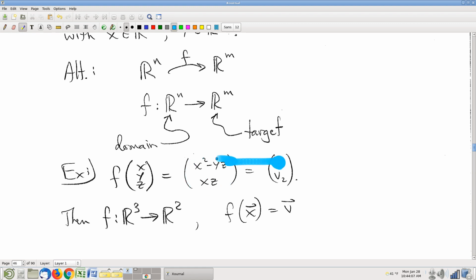I'm going to say V1 is the name I'm going to give to that output component, and V2 is the name I'm going to give to that output component, and then altogether I can label the output as just V. How are we doing? Is everybody on board? It's pretty much notation, just generalizing the idea of a function from a single variable context to a multivariable context.